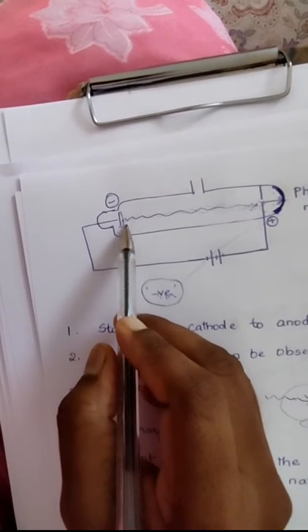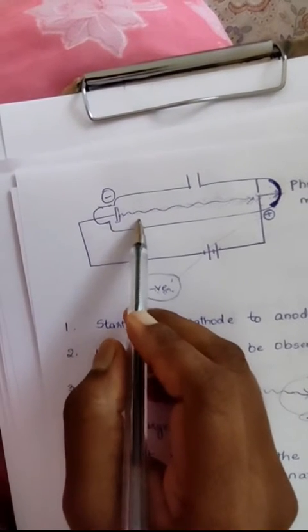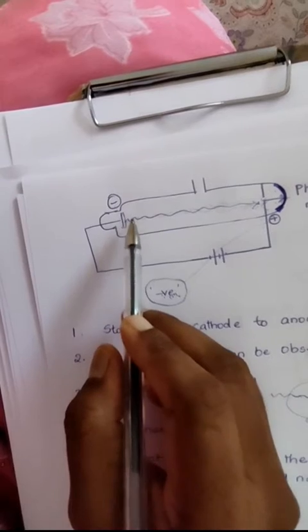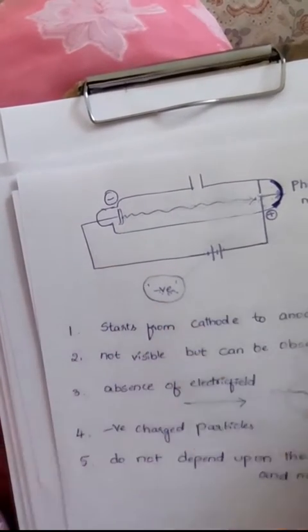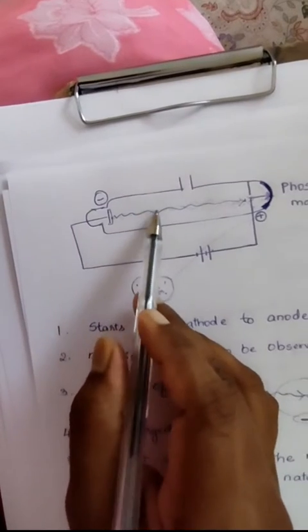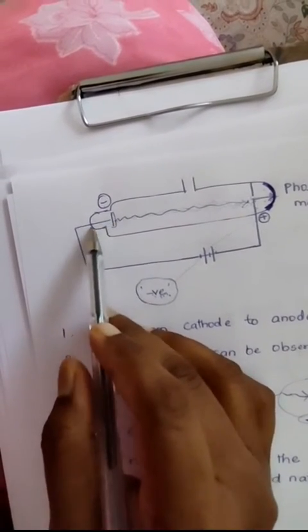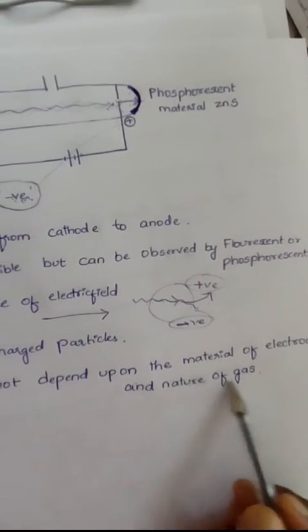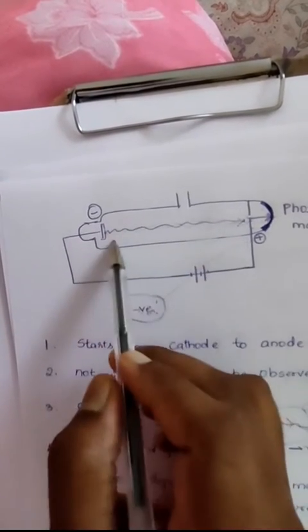Whether you take a copper electrode or a zinc electrode, the rays coming from these electrodes will have the same characteristics. And it also doesn't depend upon the nature of gas, meaning the gas present in the cathode ray discharge tube.